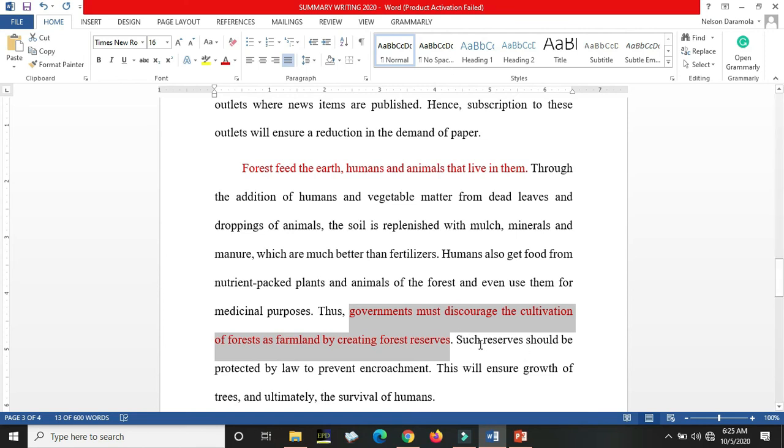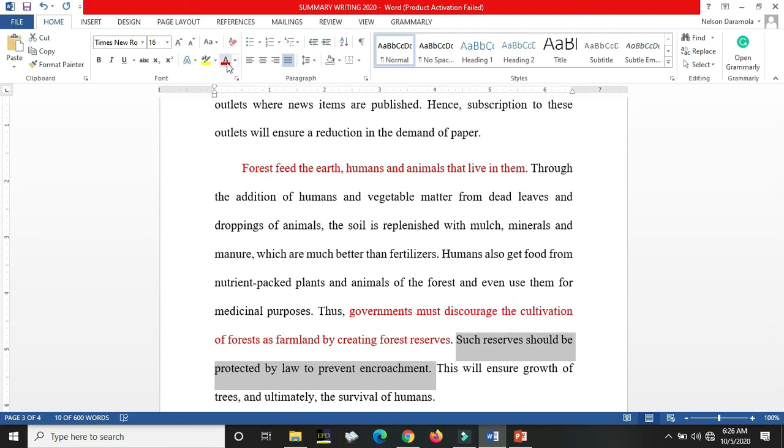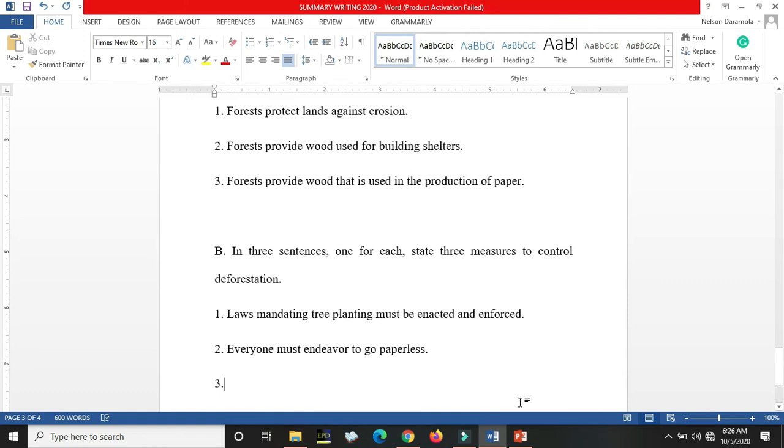Let's see. Such reserve should be protected by law to prevent encroachment. That means even when the reserves have been provided, there can be instances of encroachment. So government should create forest reserves and also protect them. So that will be your answer.